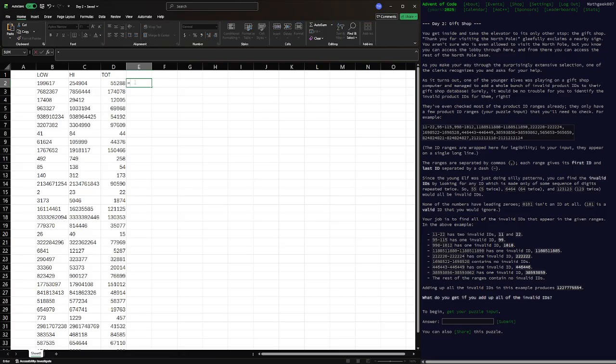We're going to do LET, and make a function. We're going to make it a LAMBDA that's going to take in a function x, which is going to be itself.